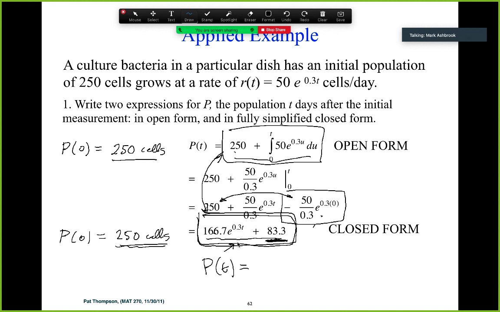Just because there's a constant in closed form doesn't mean that's the value of the function at 0. If you're trying to find the initial value at t equals 0, then you need to evaluate the function at 0 and make sure.